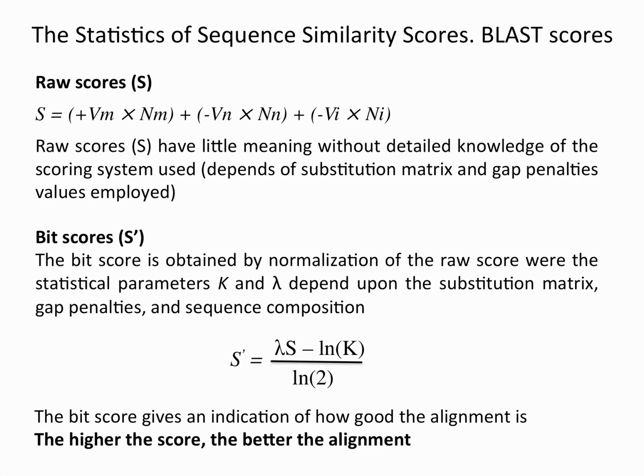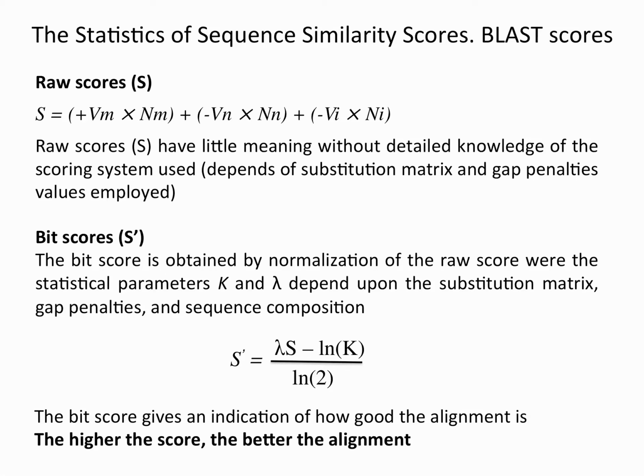We already know the raw score formula to evaluate the alignment of two sequences. This type of score depends on the parameters for matches and mismatches obtained from the substitution matrix, and the gap opening and extension penalties employed in the search. If we want to compare results of different BLAST searches, we need to normalize this scoring system.